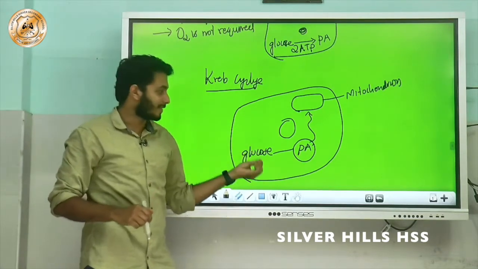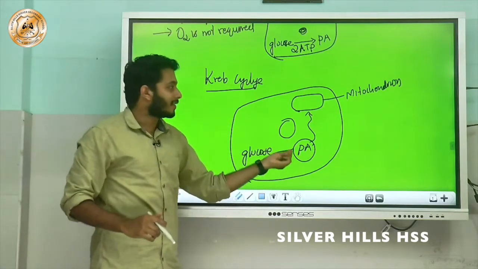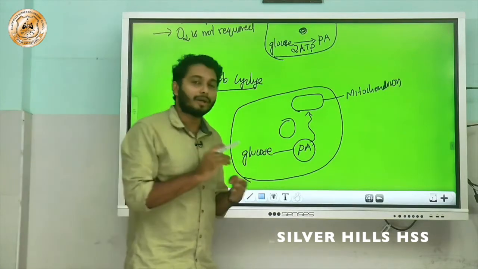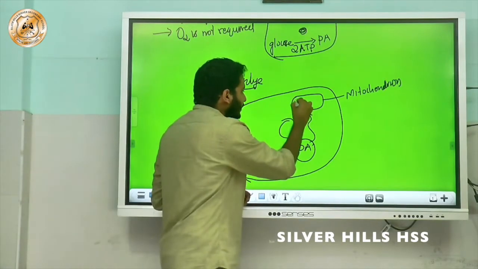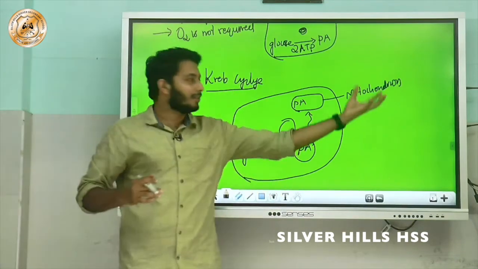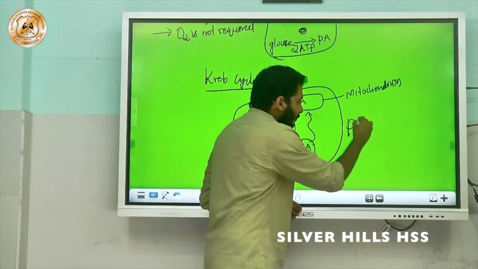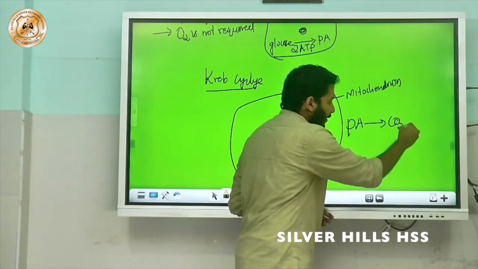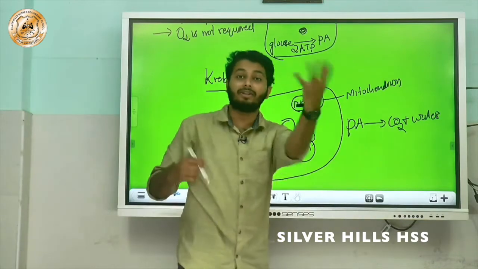After glucose is converted into pyruvic acid, this pyruvic acid is transported into the mitochondrion. In the mitochondrion, the pyruvic acid undergoes a series of chemical reactions, and after some time it gets converted into carbon dioxide plus water, and energy is also released.